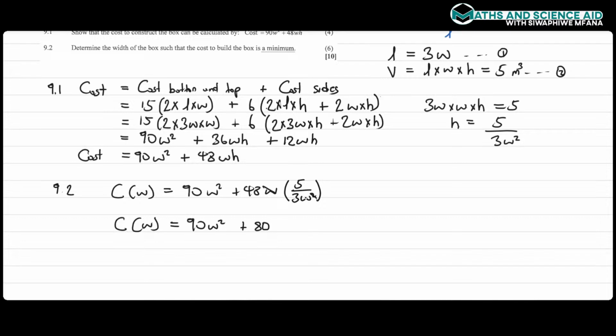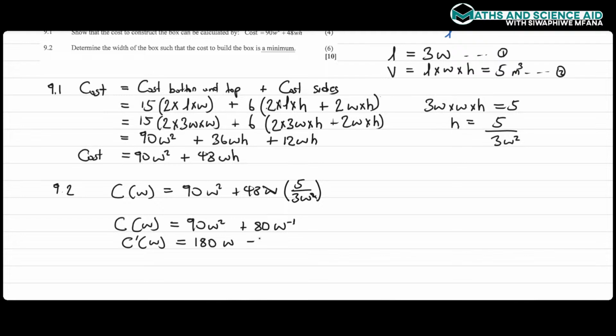But since at the end here we want to work out the first derivative, let's bring that to the numerator. So it will be W to the power of -1. You see? Now let's work out the first derivative of our cost. So 2 multiplied by 90, that's 180W.